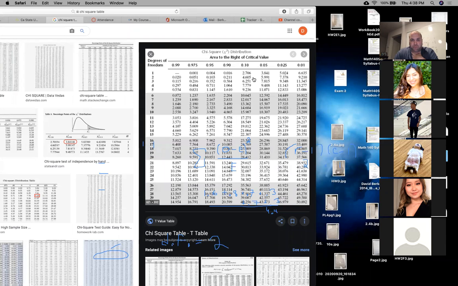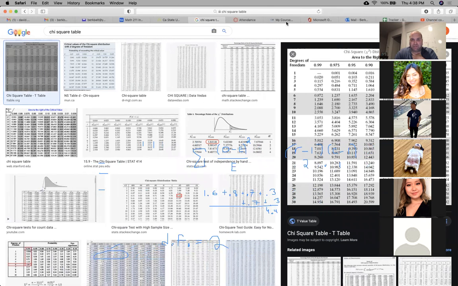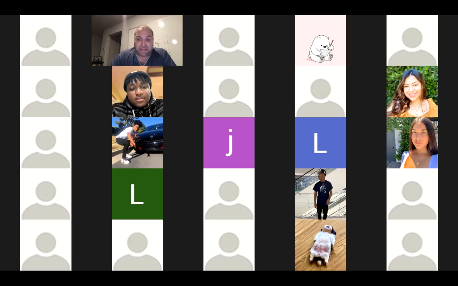And therefore, we would not reject the null hypothesis because the p-value is greater than 5%. And therefore, there is not enough evidence to conclude that they're not independent. We can't say they are independent. There's just not enough evidence to conclude that they're not independent. Your standard conclusions based upon your p-value compared to 5%.